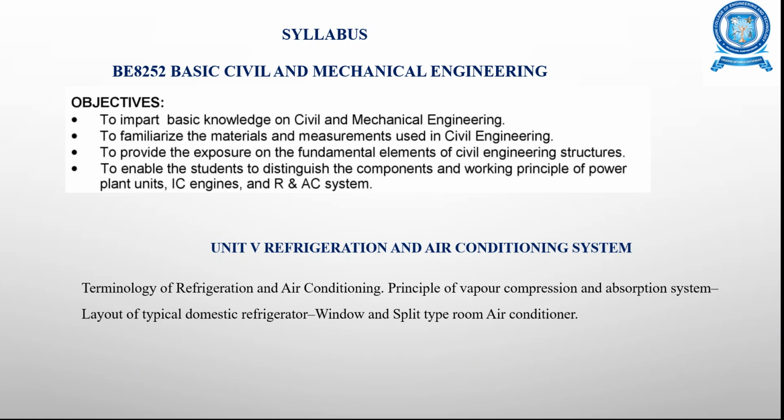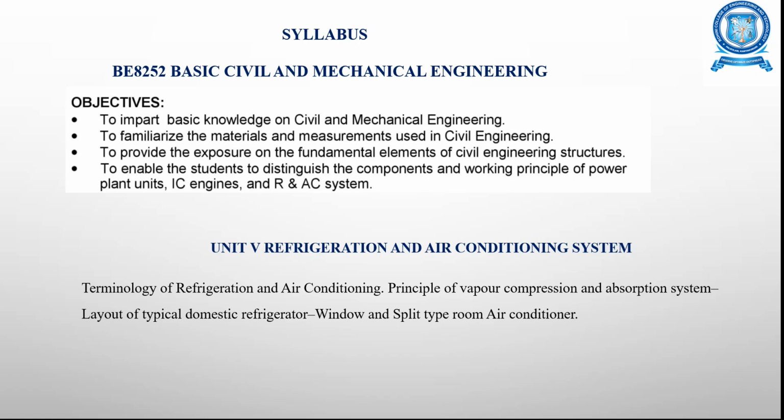So the objectives are to impart basic knowledge on civil and mechanical engineering to the students, and to familiarize the materials and measurements used in civil engineering, and also to provide the exposure on the fundamental elements of civil engineering structures, and also to enable the students to distinguish the components and working principle of the power plant units, internal combustion engines, and refrigeration and air conditioning systems.